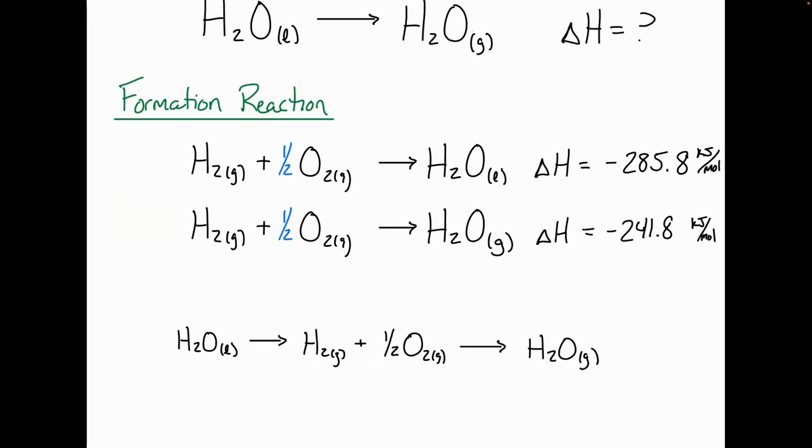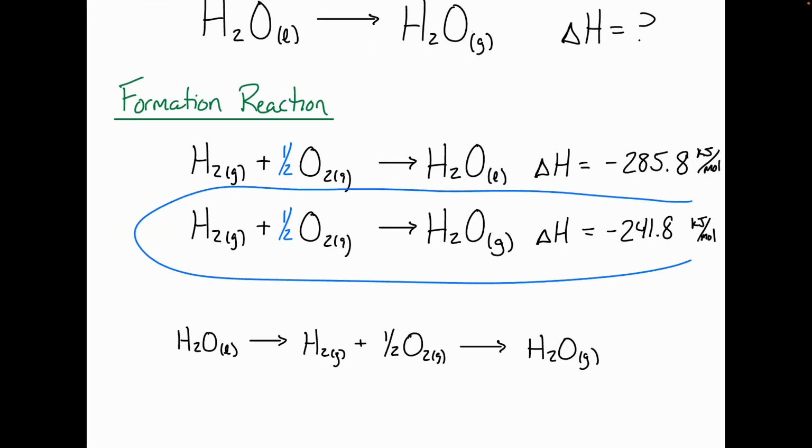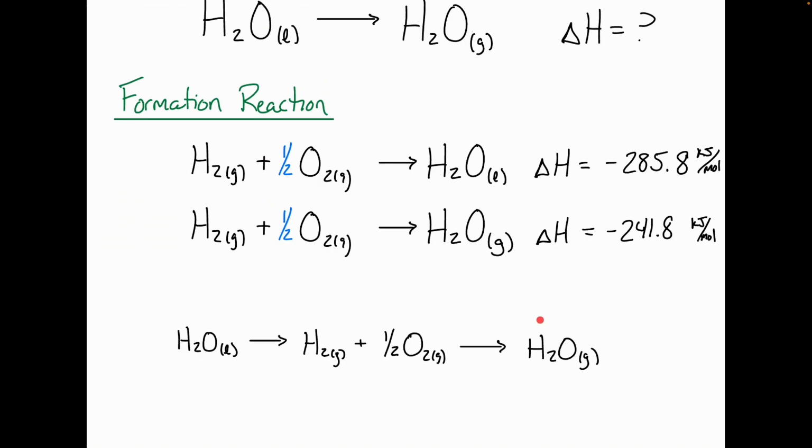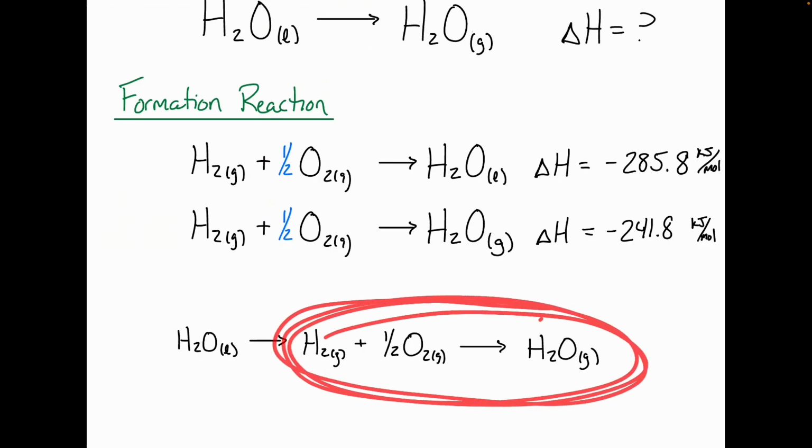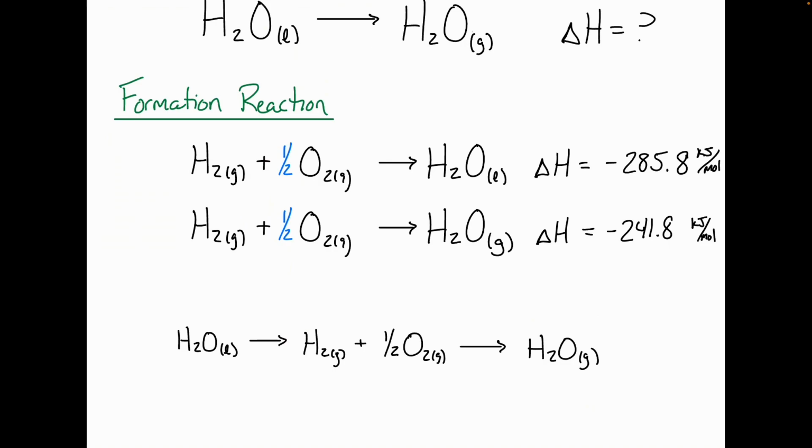All right, so this is what we're kind of imagining that we're doing here. Well, we know, based on what we see above, this reaction right here, taking that hydrogen gas and that oxygen gas and creating that gaseous water, this process has a delta H of negative 241.8, and again, we'll be good, kilojoules per mole.